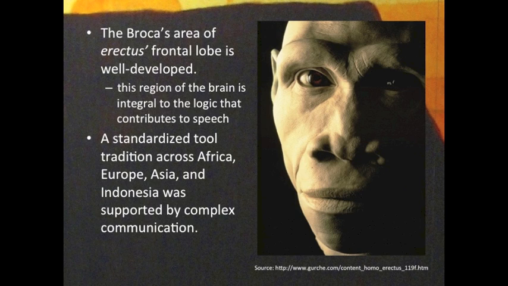One of the first important areas that we associate with communication in this case, how we're getting this kind of standardized process of producing tools across multiple regions, has to do with the frontal lobe. What is referred to as Broca's area of the frontal lobe is really important when it comes to human speech or complex communication. This region of the frontal lobe of the brain is important for the logic that underpins abstract communication, in this case speech.